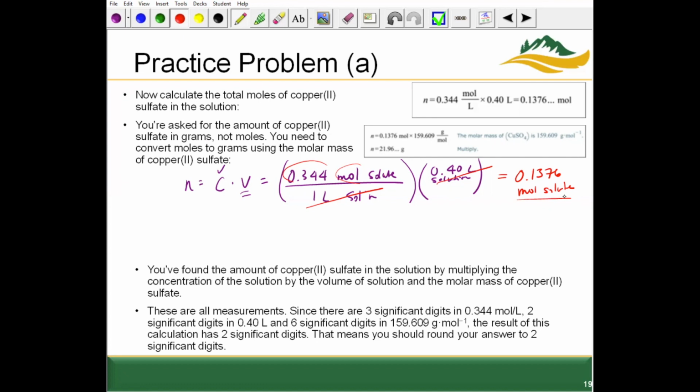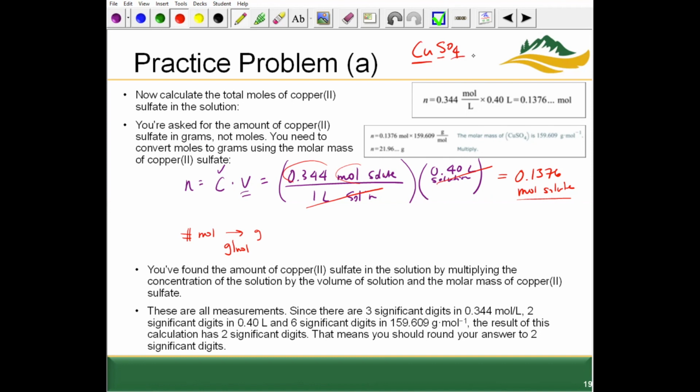The thing to go between number of moles and into grams is by use of that molar mass. We need to calculate the molar mass of copper 2 sulfate. So we would do that by looking at CuSO4. We need the mass of just copper, 1 sulfur, and then 4 oxygen atoms.